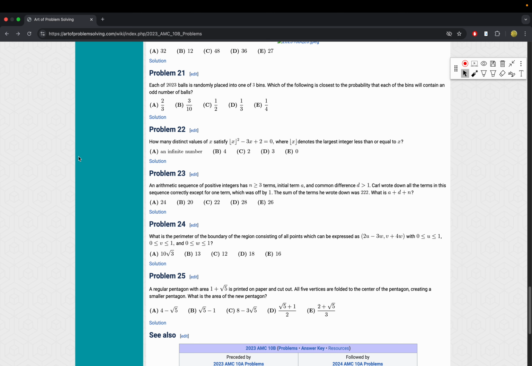So let's find our range first. We have 2u minus 3w less than or equal to 2, greater than or equal to -3. v plus 4w less than or equal to 5, greater than or equal to 0. So let's graph them.